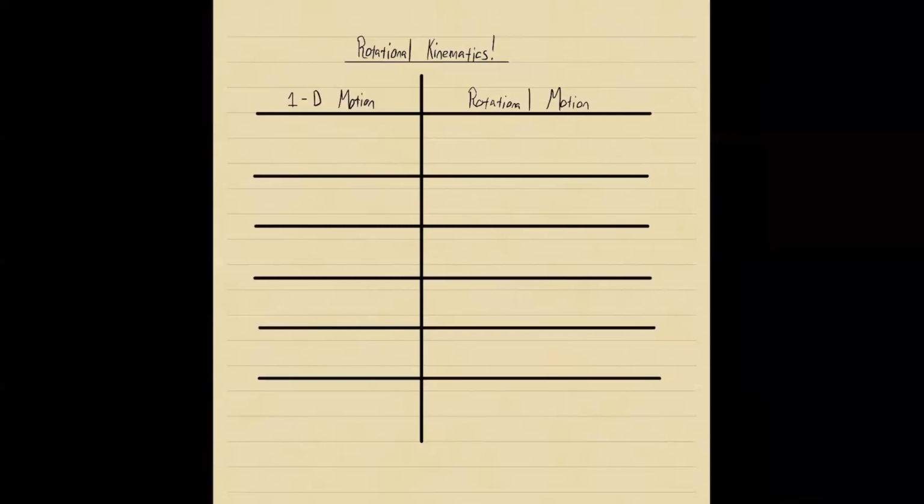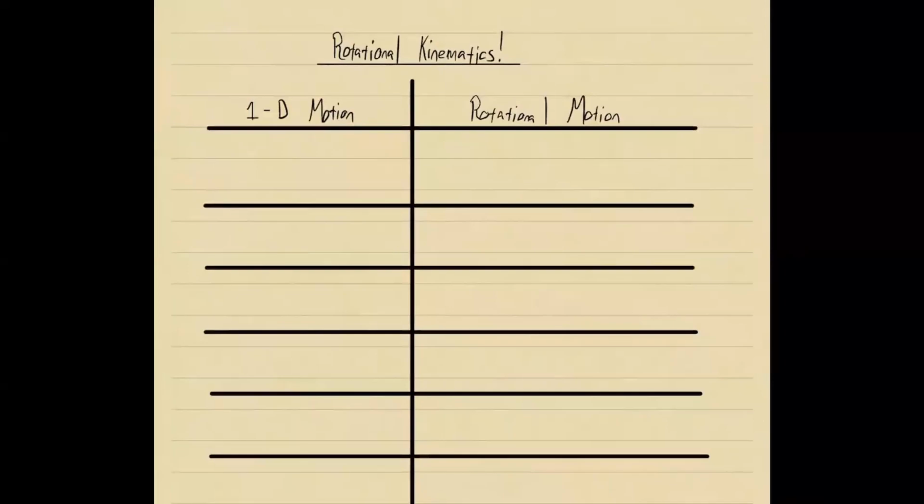So in 1D, we dealt with things along the x-axis, for example. And here for rotational motion, the analog of defining our position on the x-axis is defining our axis of rotation. What are we rotating around?